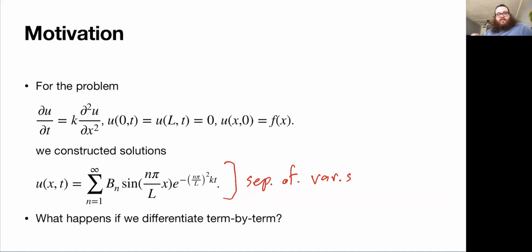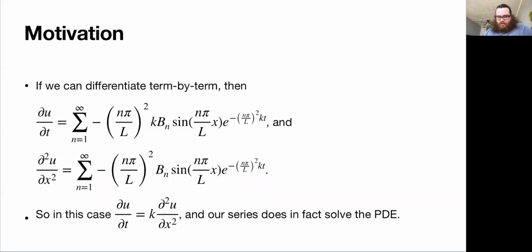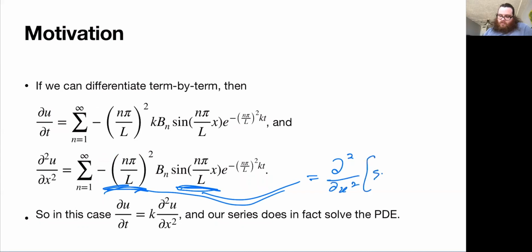Take another derivative, and you pick up a minus n pi over L. So you should end up with a minus n pi over L quantity squared times sine of n pi over L x. And that's exactly this piece. This is the second derivative of sine of n pi over L x.